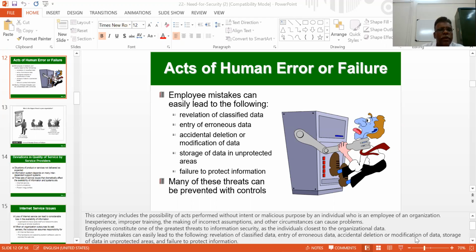And once again, some of the important threats, especially with respect to information security, are very close to the organization overall.